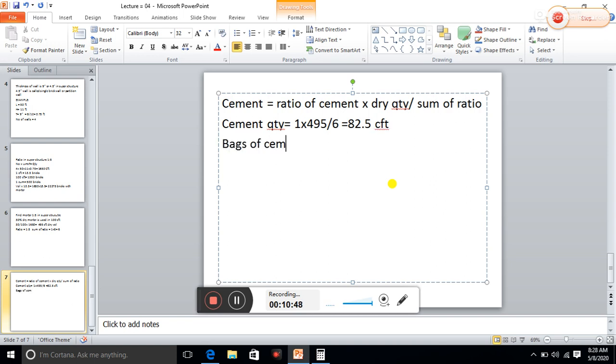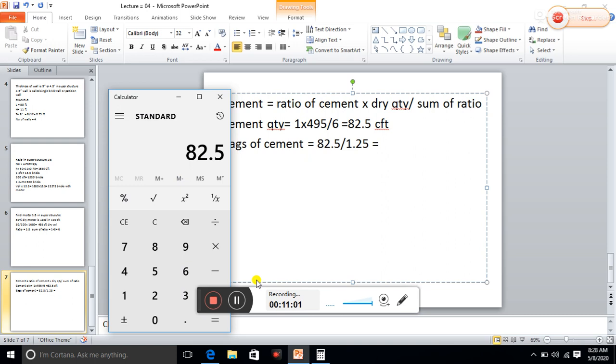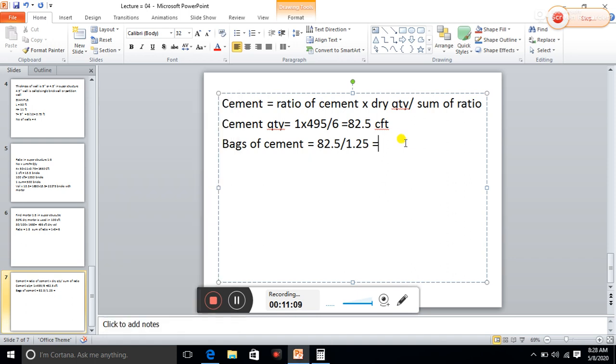Bags of cement is equal to 82.5 divided by 1.25, which is equal to 66 bags of cement.